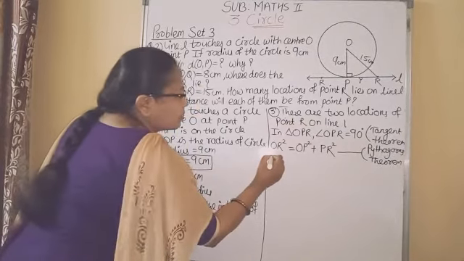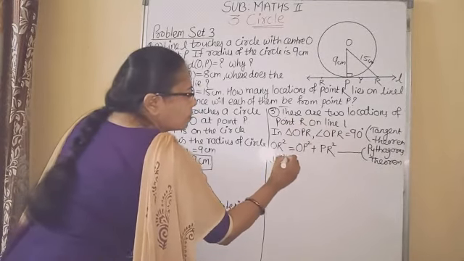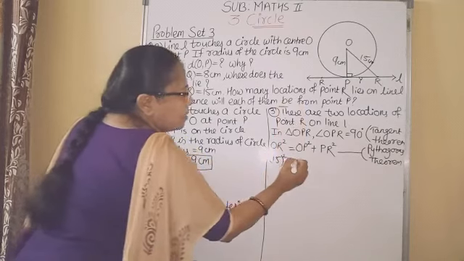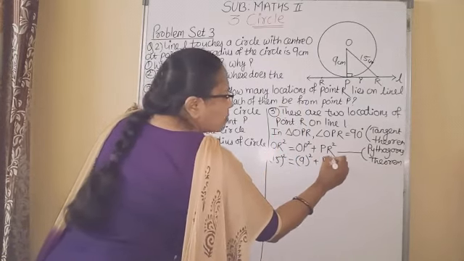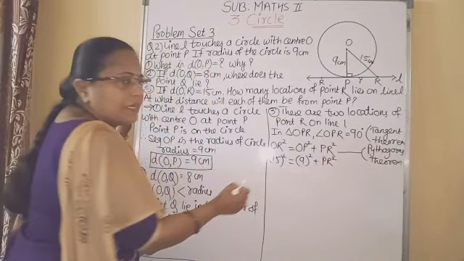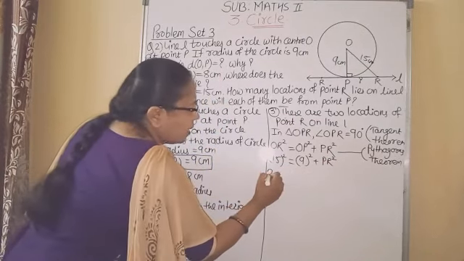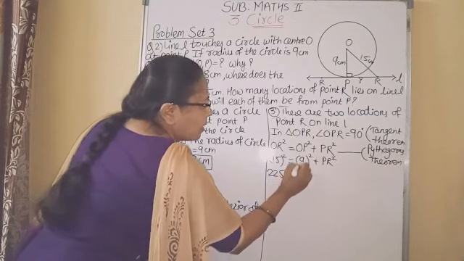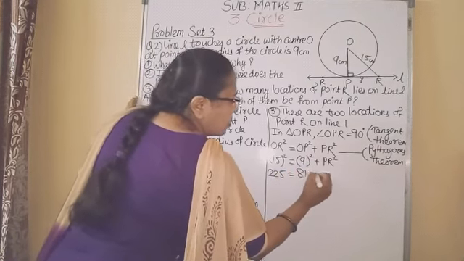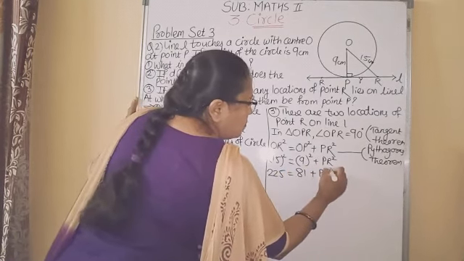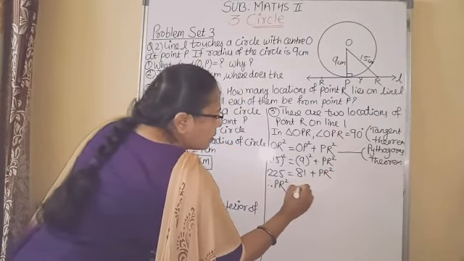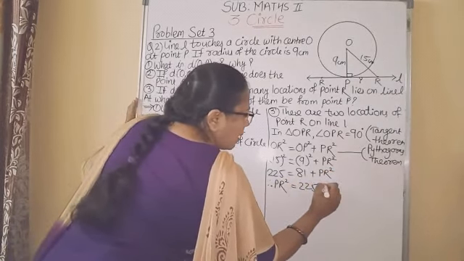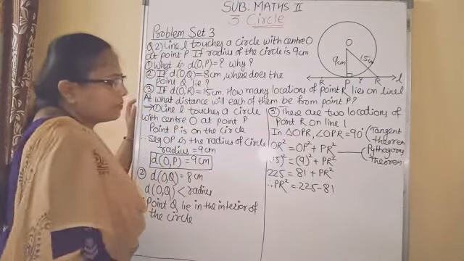Substitute values. OR is 15, OP is 9, plus PR square. So 15 square is 225. 9 square is 81. Therefore, PR square is equal to 225 minus 81.